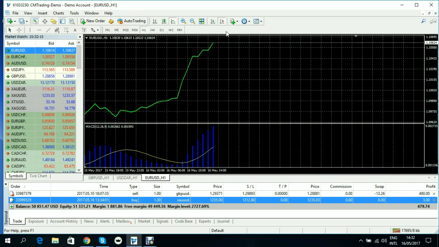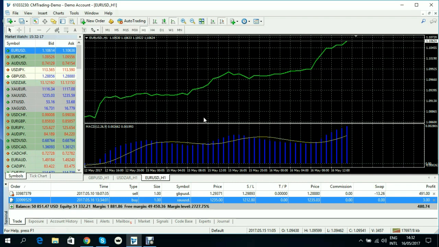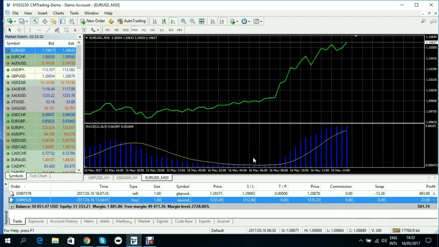At least 3 or 4 time frames must show that the bars and the signal line are above this zero zone, right? Like the 30 minutes, it's above the zero zone. The bars and the signal line are above.